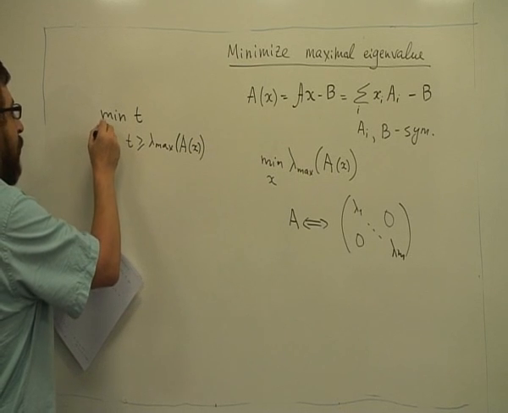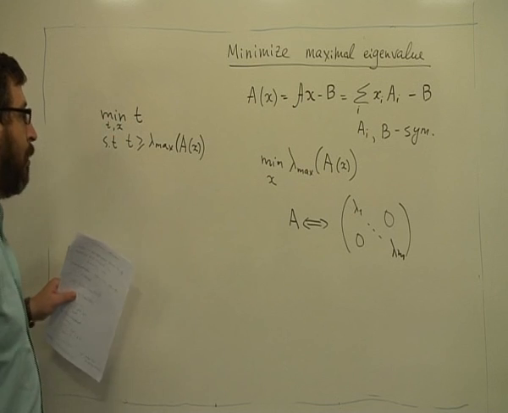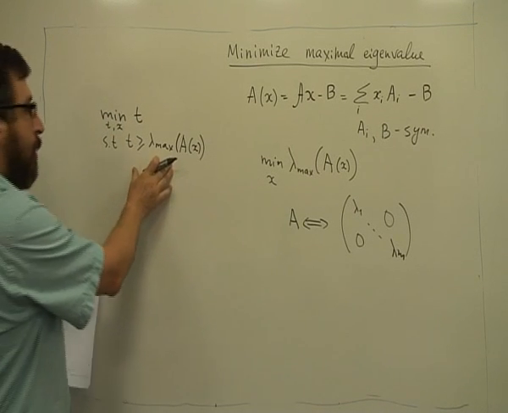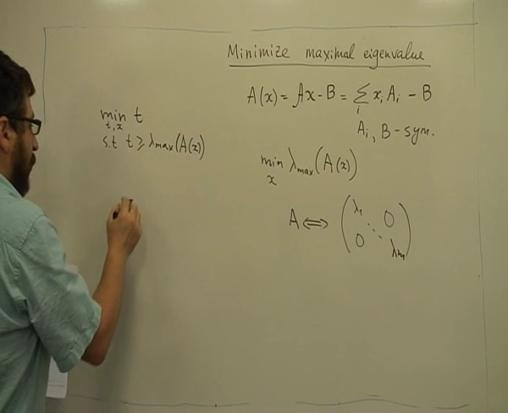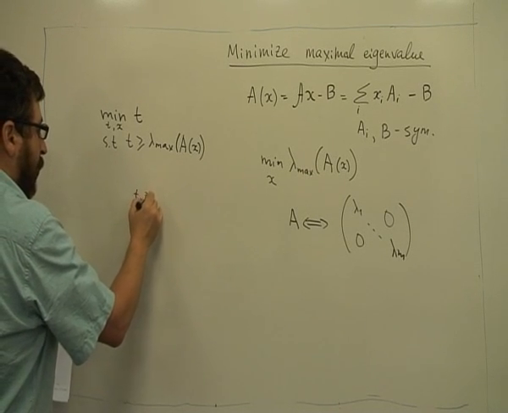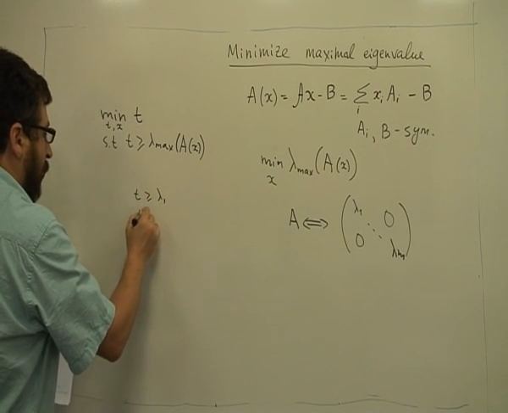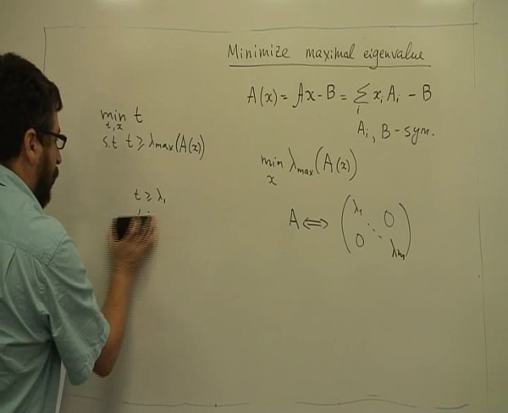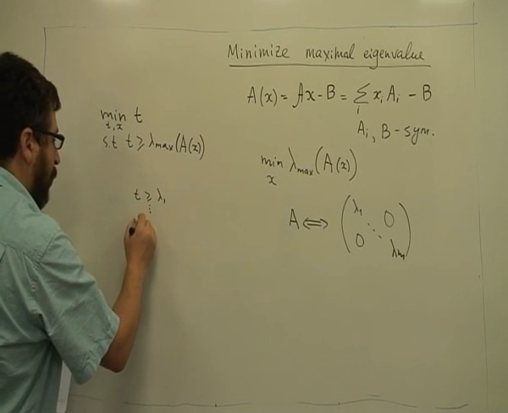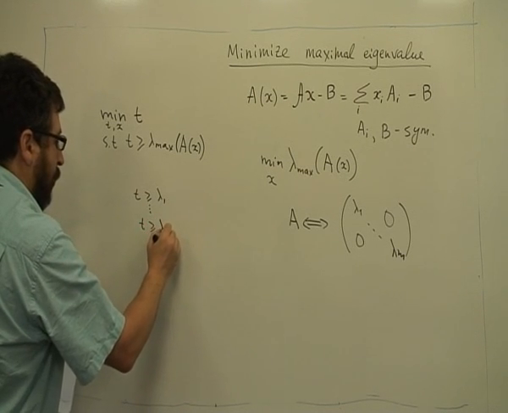So again, I minimize in t and x. Okay. How can I open this constraint? I can say that t larger or equal lambda 1, and so on, t larger or equal lambda m.